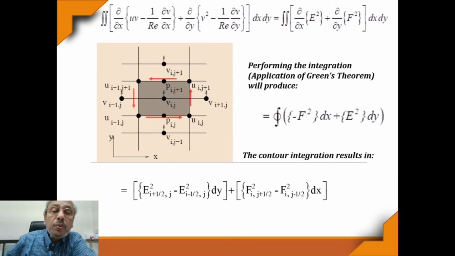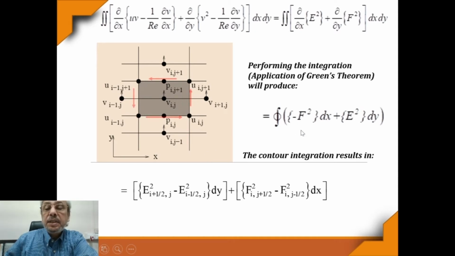So E2 at i plus half j, which is defined here, into delta y, minus E2 at i minus half j into delta y. Since this is a contour integral and this is E2 dy, on this side dy is positive, on this side dy is negative. We are getting this.